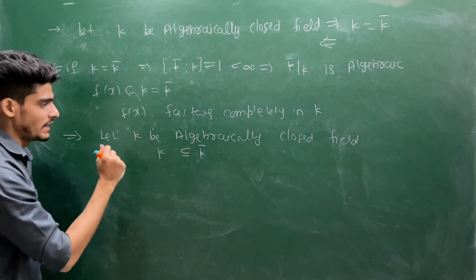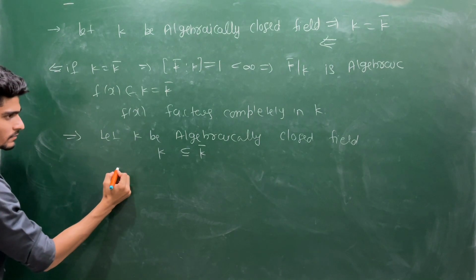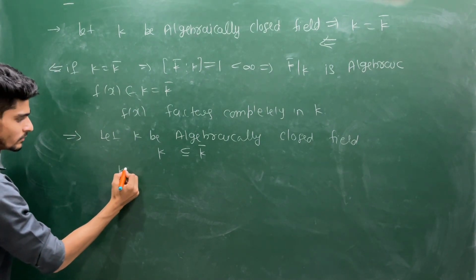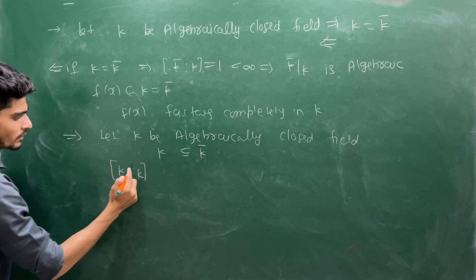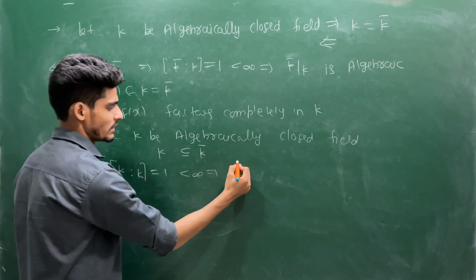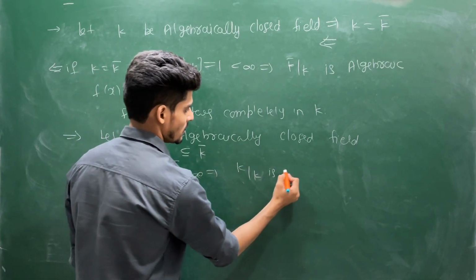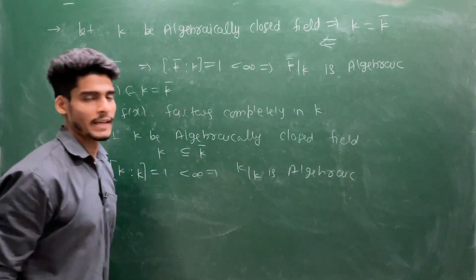But that is again very easy because this K is an algebraically closed field. K over K is of degree 1. This is a finite extension, so you can say K over K is algebraic. So this is an algebraic extension.